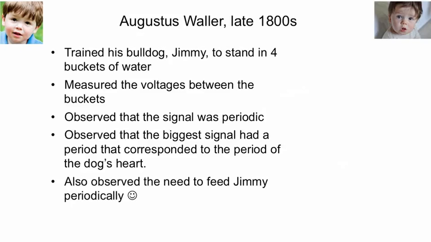And not only that, but the signal with the major deflection corresponded to the heartbeat of the dog. So he concluded quite correctly that the biggest signal he was seeing was the electrical signal originating in Jimmy's heart. Of course, Augustus learned a lot of other things about the heart and about Jimmy. He was a very smart guy.